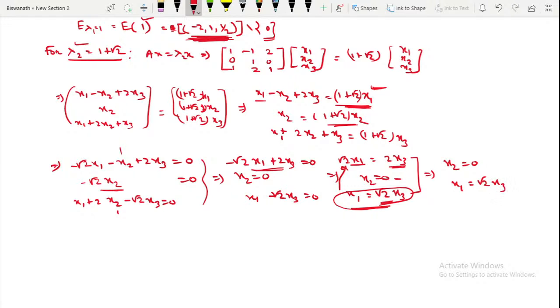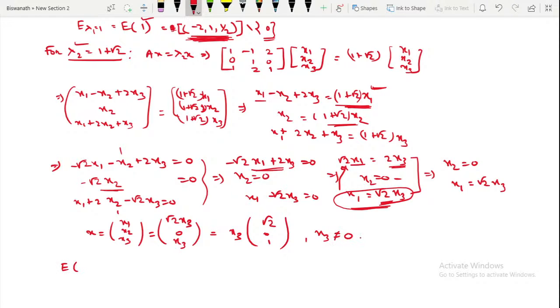So what will be my x now? My vector x, which is x1, x2, x3, is nothing but in place of x1 we put root 2 x3, in place of x2 we put 0, and in place of x3 as it is x3. So taking x3 common, this will be root 2, 0, 1, where x3 is not equal to 0.